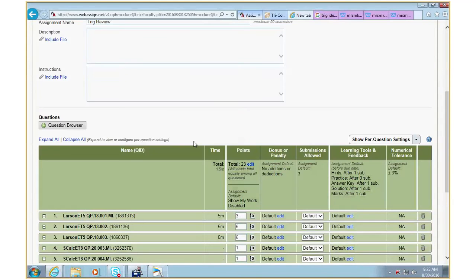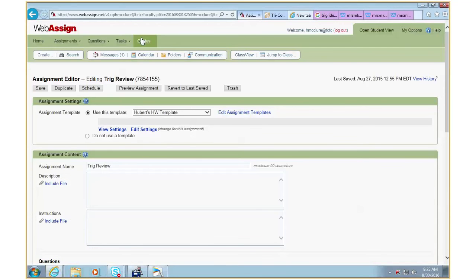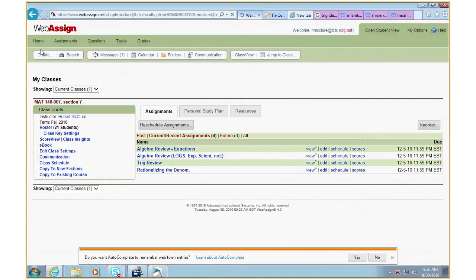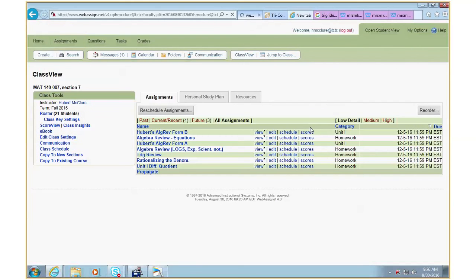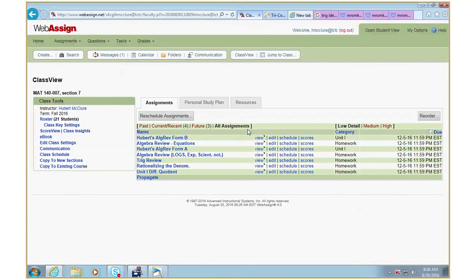Okay, hold on just a second. I have to look and see. How's the best way to do this? Let me go to all. Let's see if there's another trig review. It's not going to do that.